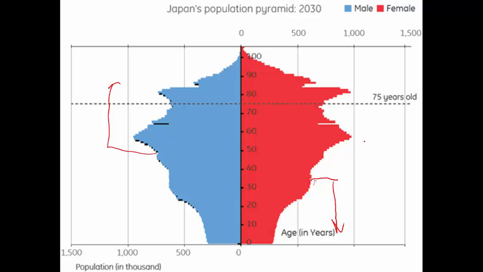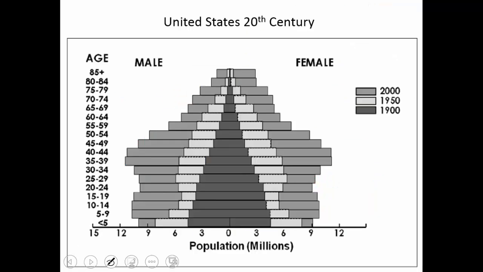This is the shape that post-industrial countries like the United States, Canada, and Northern Europe are trying to avoid. So remember this when we think of immigration, when we think of, say, the United States importing kids from across the border. They're trying to avoid this shape. This is striking fear in industrial societies or modern societies.